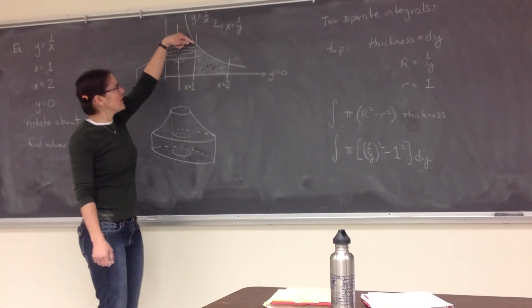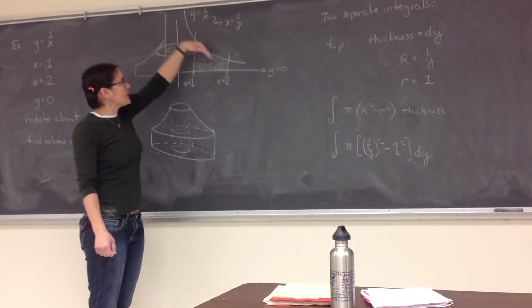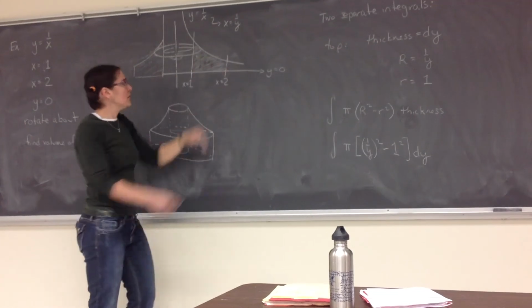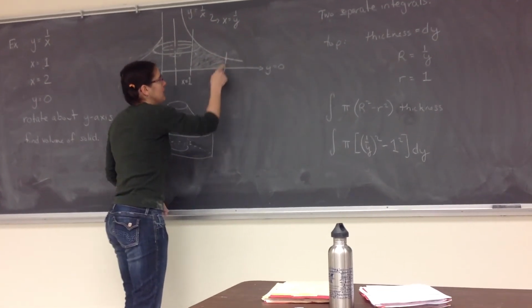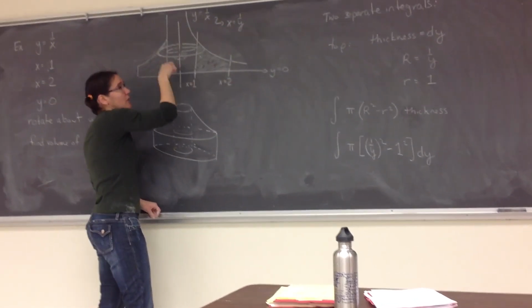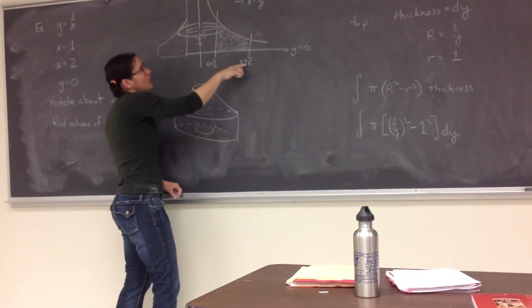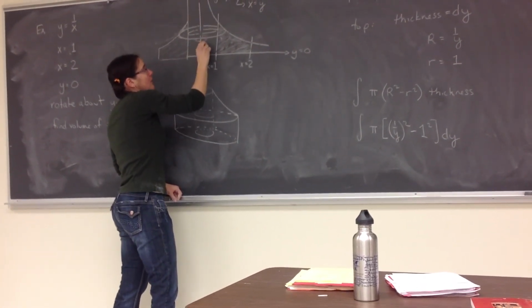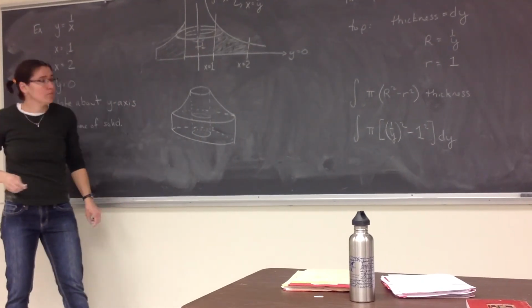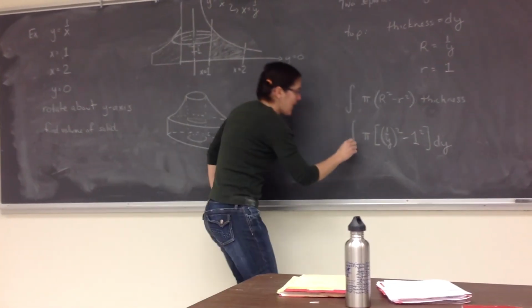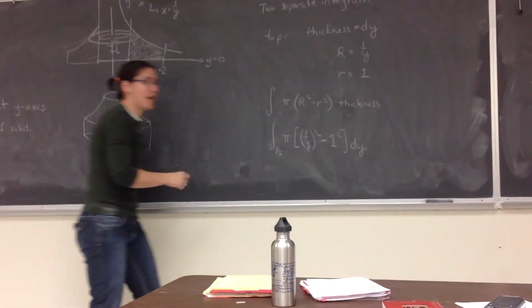Yeah, the intersection of y equals 1 over x with x equal to 2. This point right here is x equal to 2, but we need the y value for that. And so when x equals 2, y is going to be equal to 1/2. And so our bottom boundary of this one is y equals 1/2.